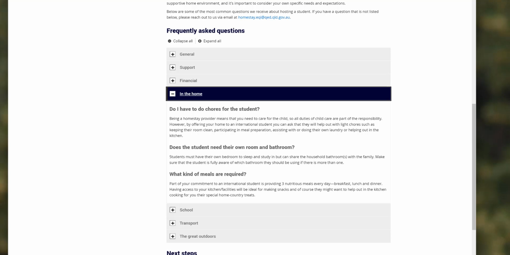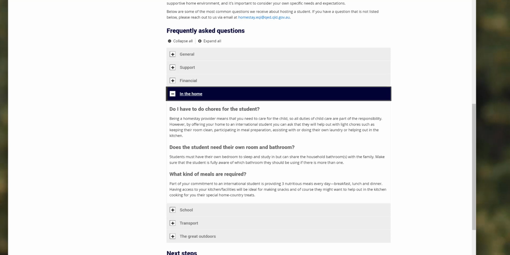Originally there were sisters, and they came from larger families and they were used to sharing the parents' attention. But as time went on, we found that the students were only children, and they were expecting a lot of interaction with the parents particularly.